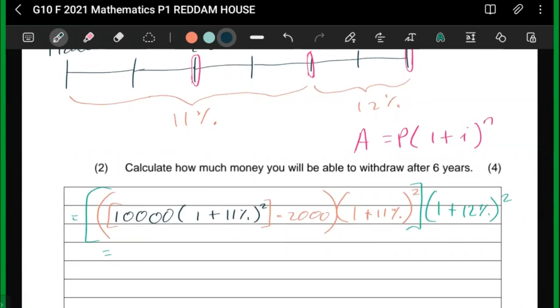It is giving us here 15,951.5. If you round it to 2 decimal places, it's going to be 15,951.58. This was not a very good investment, a whole 6 years, and it's just 5K interest. Terrible. But anyways, each to their own.